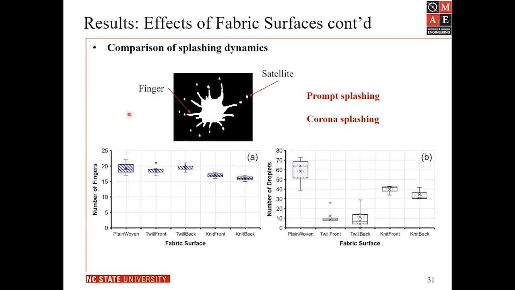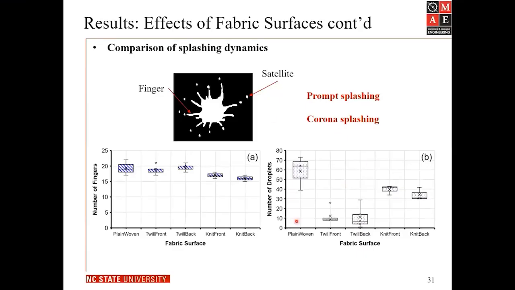Some other interesting things we can get from the splashing dynamics is we can get the number of fingers and the number of satellite drops from the initial impact. And so the number of fingers on these fabrics, these are all under the same condition, is about the same regardless of what our fabric is, where the number of satellite drops change tremendously based on our fabric.